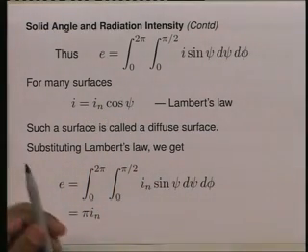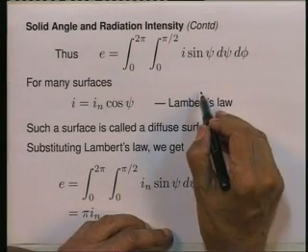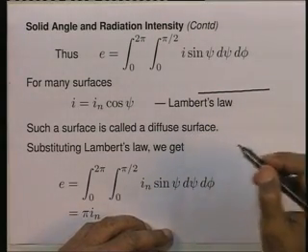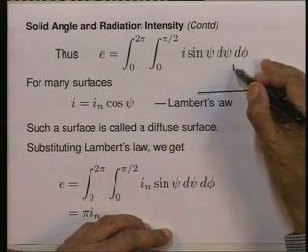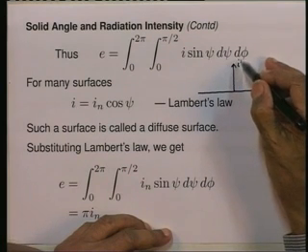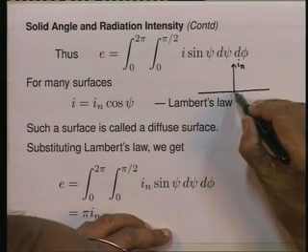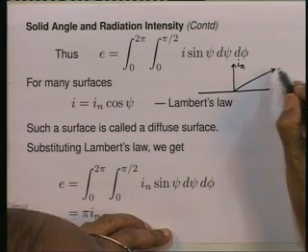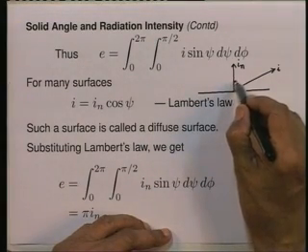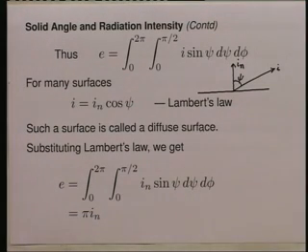What we are saying in effect is the following: if I have a surface, and this is the normal direction to the surface, the intensity in the normal direction is I n, and the intensity in any other direction is I. Let us say that direction makes a zenith angle psi with the normal.